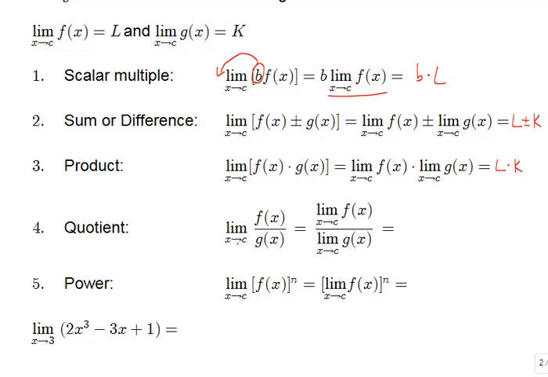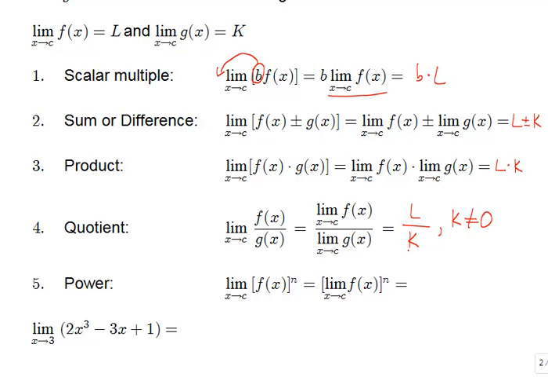Again, very similar, a quotient rule here says the limit of a quotient is the quotient of the limits. So we're going to find the limit of the numerator, which is our f, and that goes to L, and then we're going to find the limit of the denominator, which is our g, and that goes to K. Now there's one little exception to this rule. We are going to say that this is only true as long as K does not equal 0.